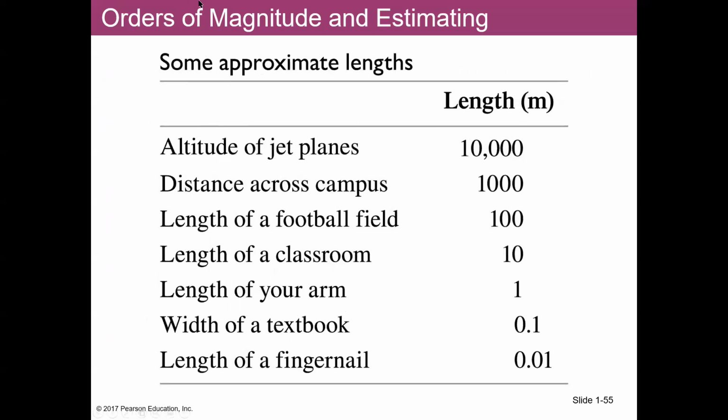And so we got estimated lengths of different scenarios. And by order of magnitude, we mean adding another zero. So obviously, length of your arm would be kind of a baseline, length of classroom, length of football field, campus, altitude, distance of solar system, and all these order of magnitude estimates for length.